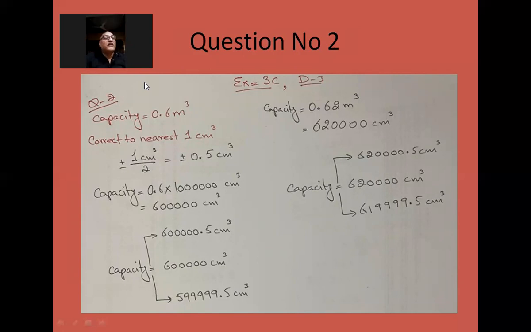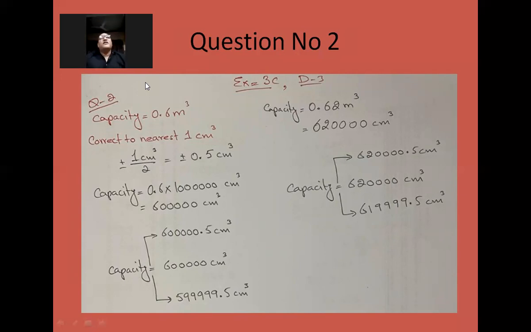Remember this question has a misprint in the book. This number is not actually 0.6 meter cube. This number is actually 0.62 meter cube. There is a misprint in the question in the book.